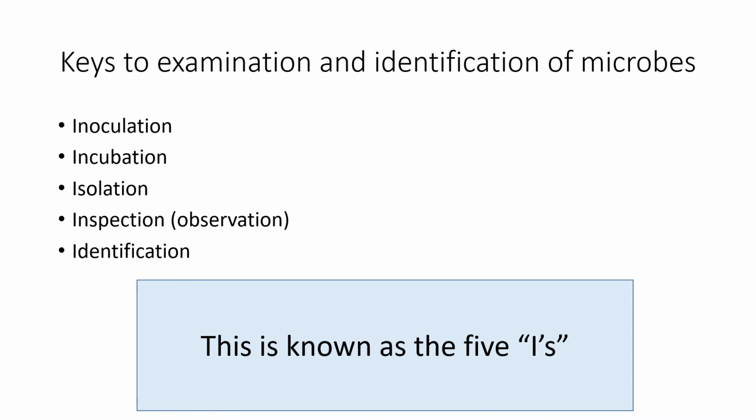The third I is isolation, where we thin out mixed cultures by getting isolated colonies. The fourth I is inspection or observation, where we make macroscopic and microscopic observations. And then finally, the fifth I is identification, where we set up confirmatory tests that prove the organism's identity. That is known as the 5 I's in microbiology.